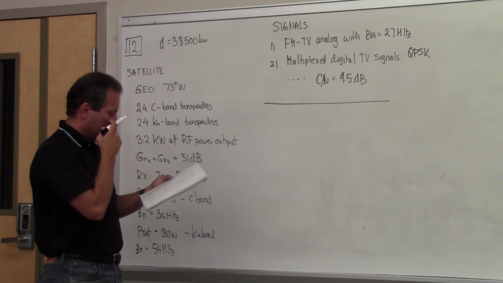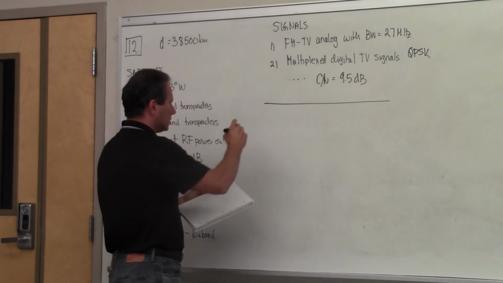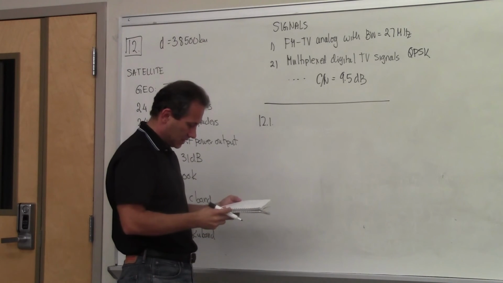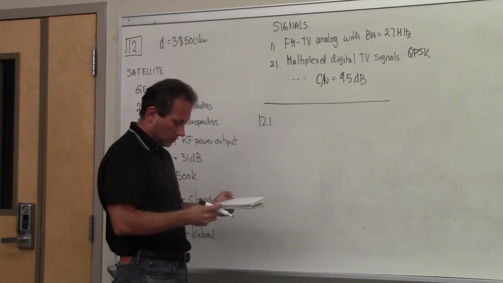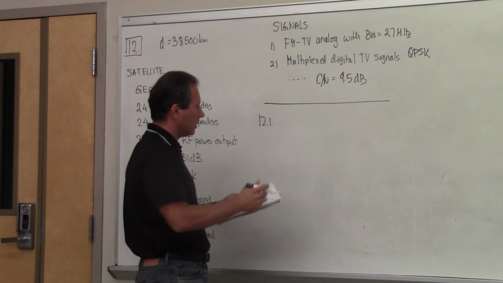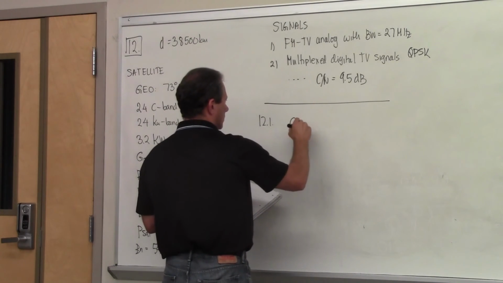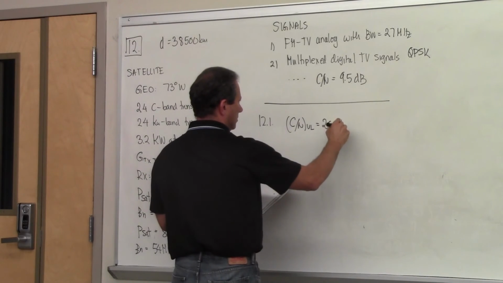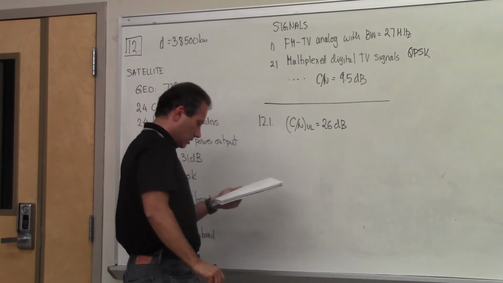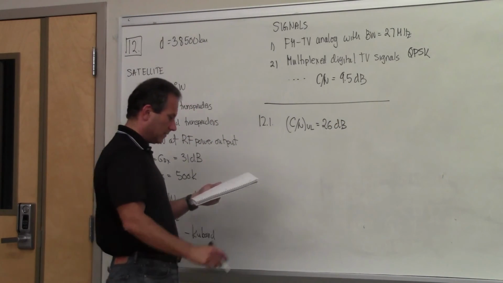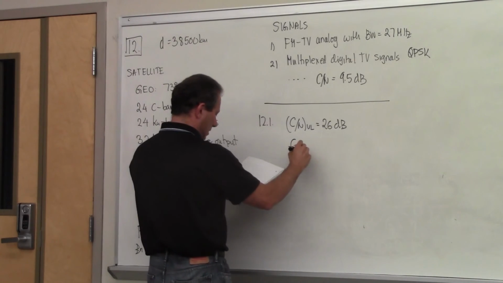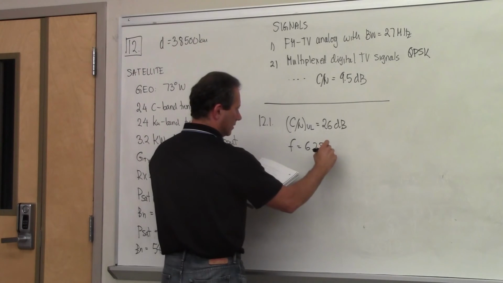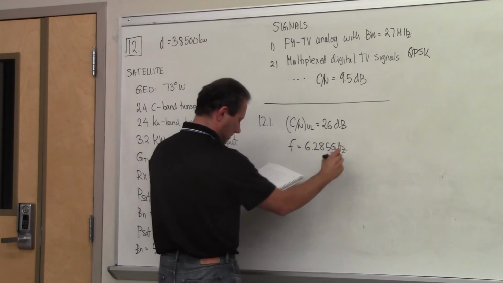So now design. This is the 12.1 section of the problem. It says design a transmitting earth station to provide clear air C/N. So C/N on the uplink needs to be 26 dB through a C-band transponder at a frequency equal to 6.285 gigahertz.